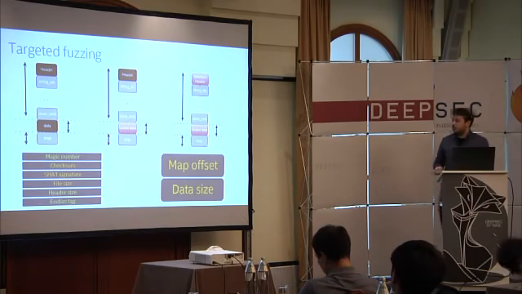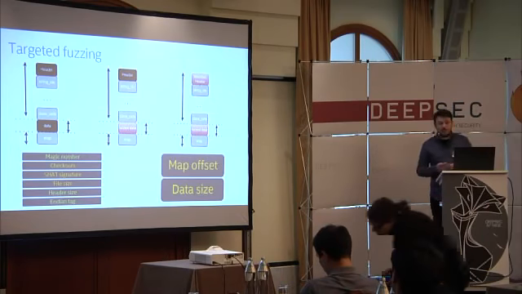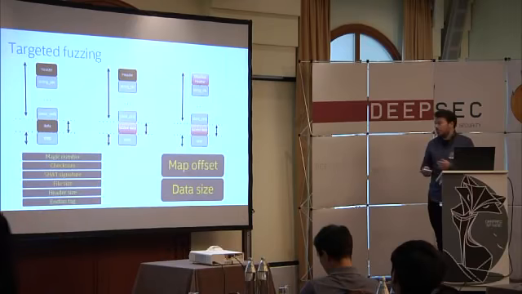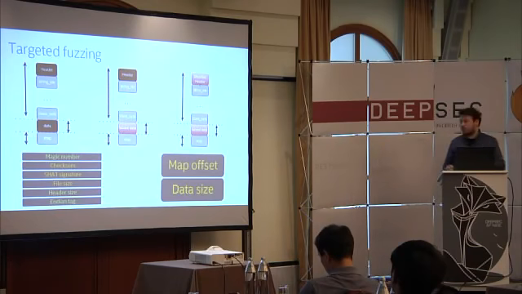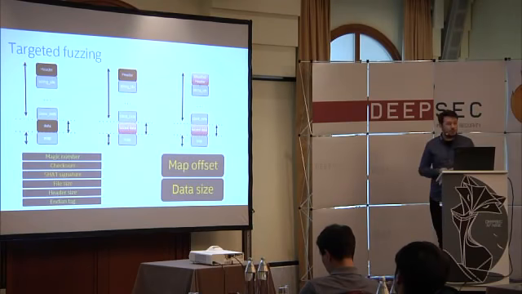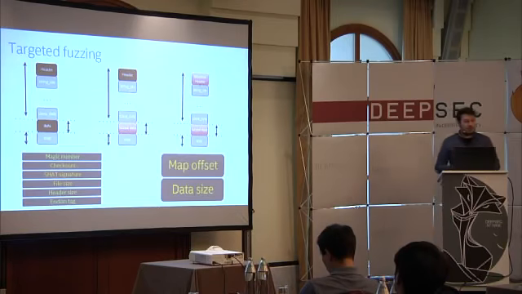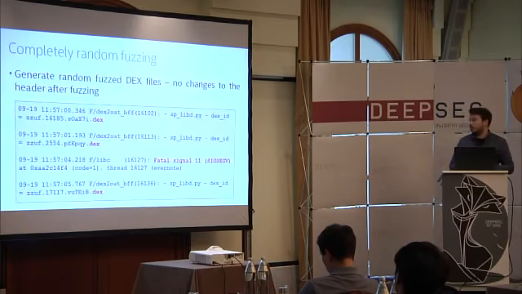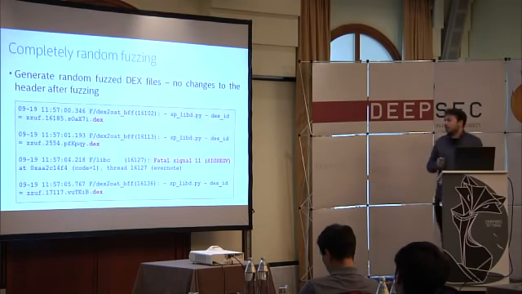Besides the fields that we would fix in the first approach, we would also fix the map offset, because the fuzzed data section could be bigger or smaller, so the offset would change and we would know exactly what the offset should be, and also the data size, because that could also be variable. This was actually the approach that gave the best results, and I'm going to explain a bit about that later.